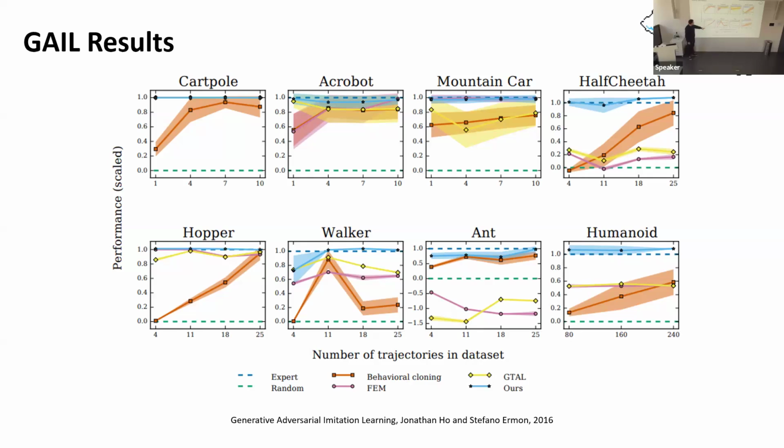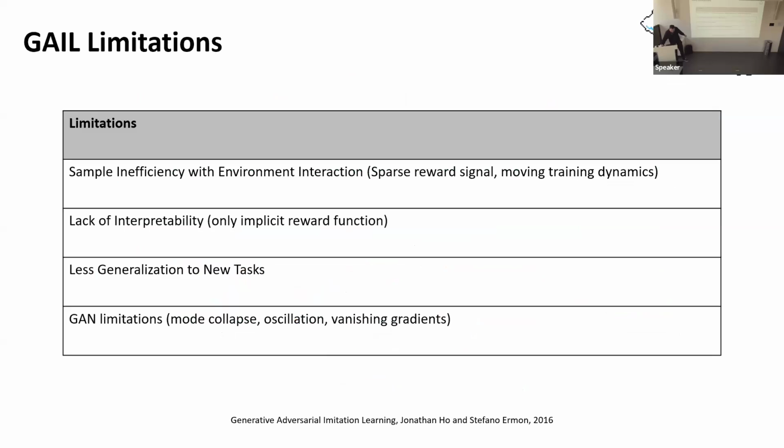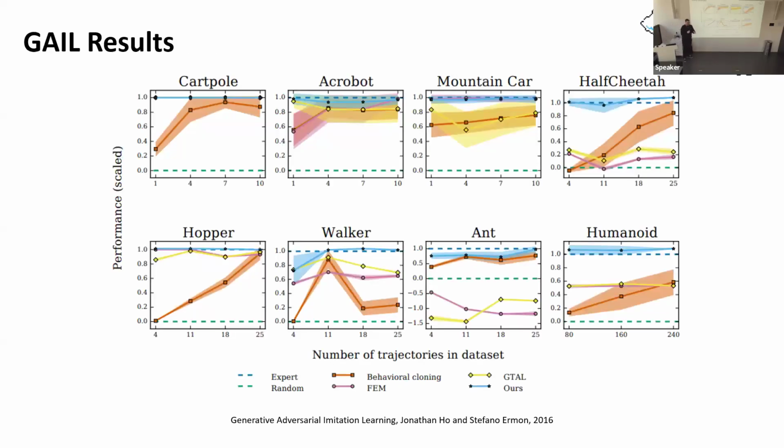So it starts at 4, as you can see here. The advantage of GAIL is that you don't need a lot of demonstrations to get a good result. For example, in CartPole, it is enough to give our whole network one demonstration and then let the network converge.